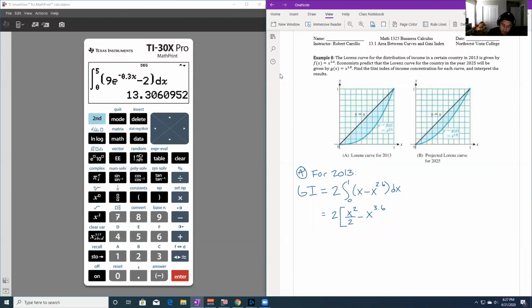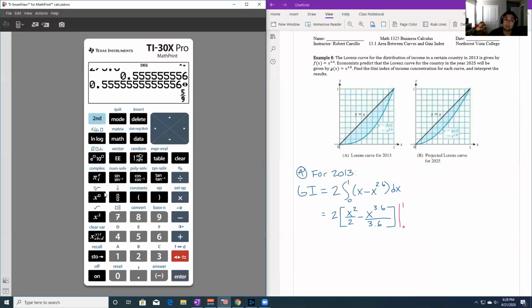And we will evaluate this from 0 to 1. Of course, let's clean it up a bit. Let's distribute that 2. If I distribute that 2, you'll get x squared minus, and what is 2 over 3.6?